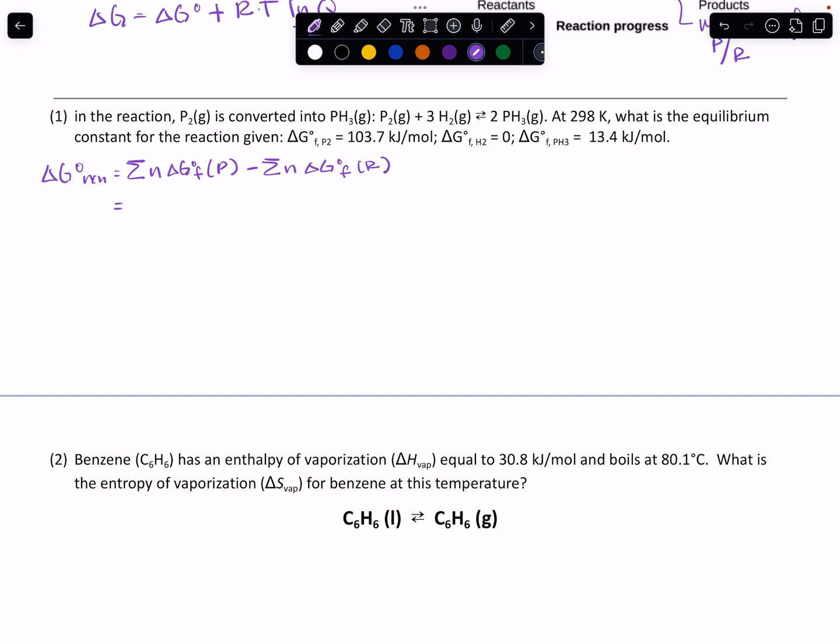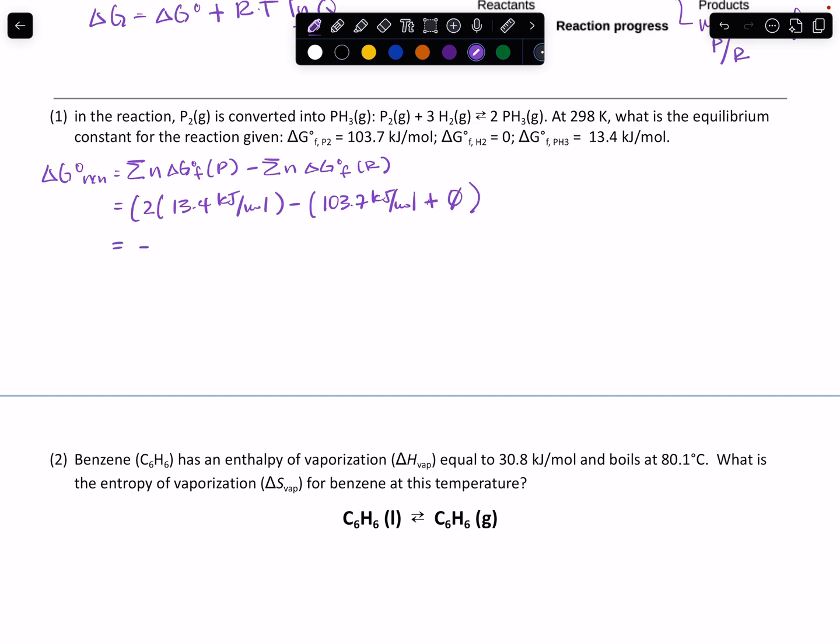All right. Product side, we have 2 times PH3, which is 13.4 kilojoules per mole, minus, on this side, we have 1 P2 molecule, so that's 103.7 kilojoules per mole, plus, and then we've got H2 in elemental form, so there's no free energy there, so it's 0.